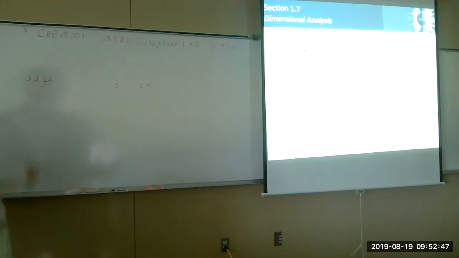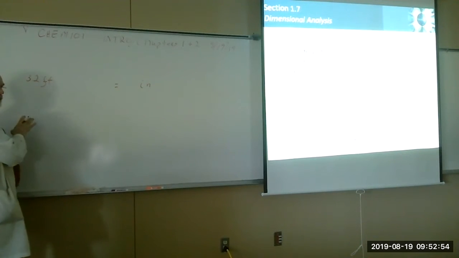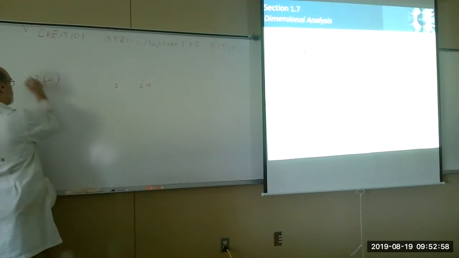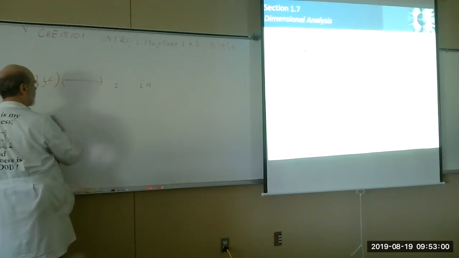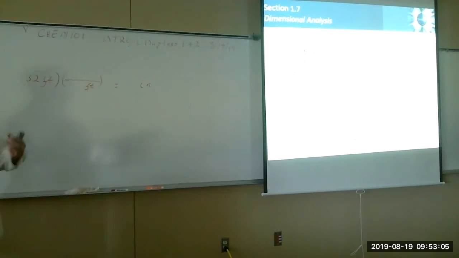how do we get there? Well, in this case, you simply need something that will cancel feet and leave you with inches. So if you multiply that by some value, the feet has to go down here, right? Because every number that's written without a fraction is assumed to be in the numerator.